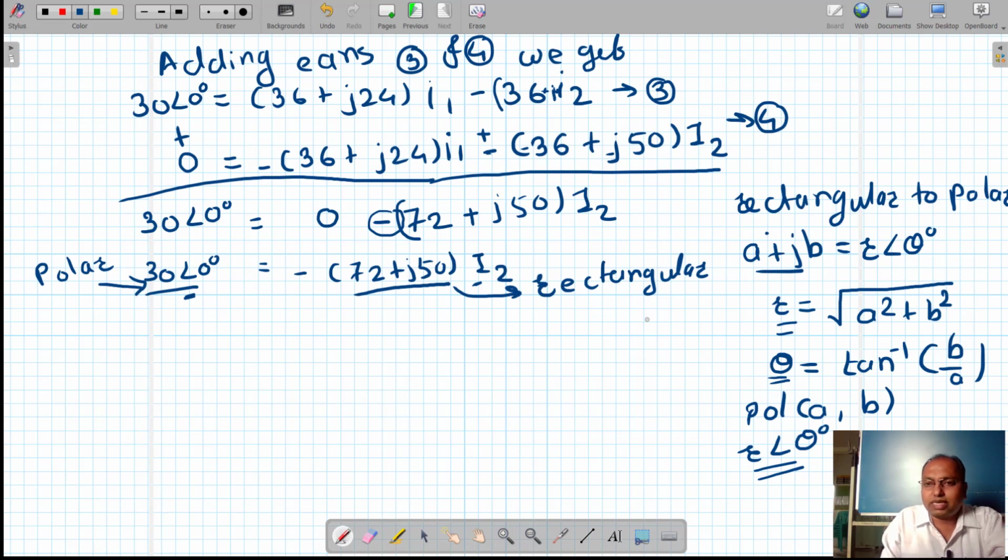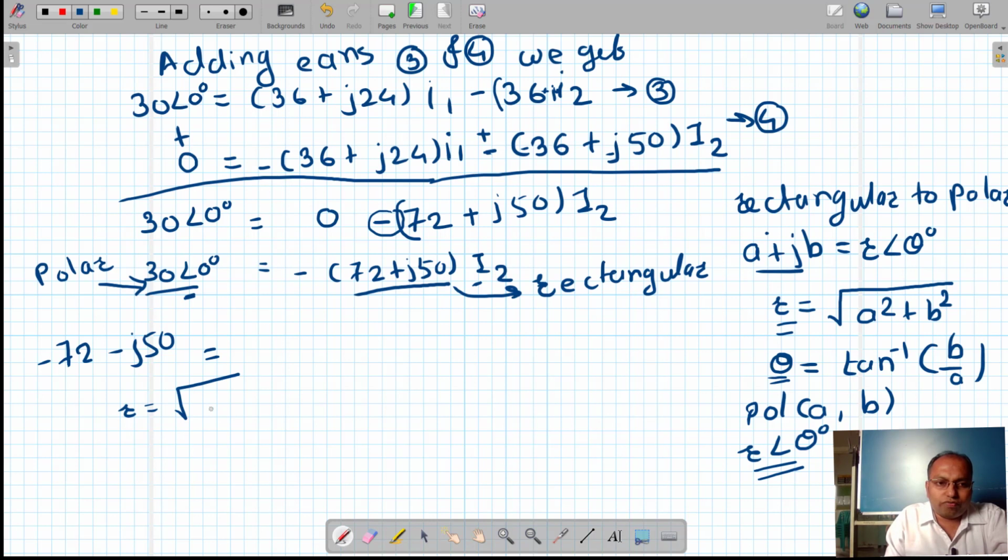Okay, so let us calculate r and theta by means of a formula. Now I am interested in finding minus 72 minus j50. I want to convert it into r. So r is nothing but the square root of (minus 72) squared plus (minus 50) squared.